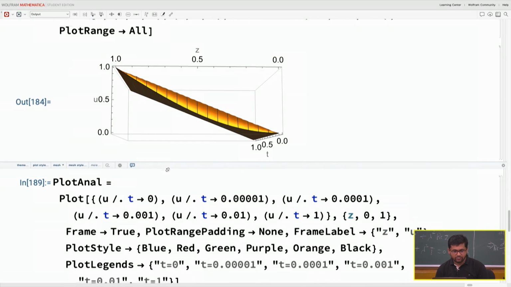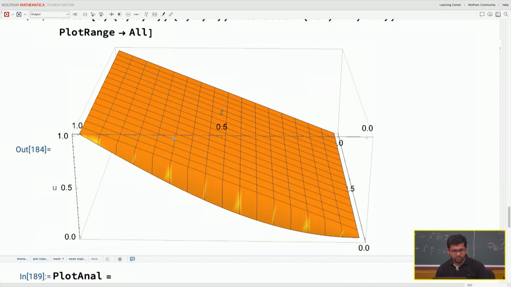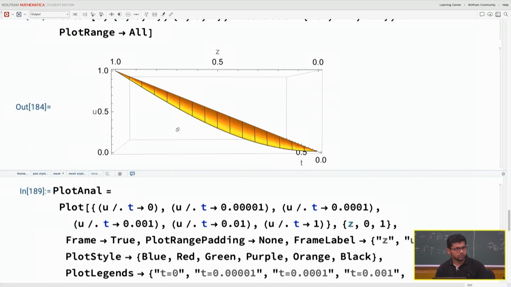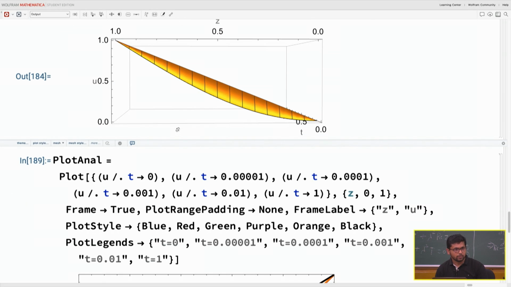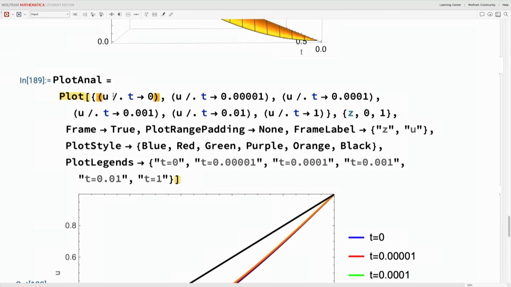Whereas, if I fix any time, since u is a function of t and z both, suppose I want t equal to 10 power minus 5, 10 power minus 4, and I want to see how u varies in z. So that you can do here. This forward slash, dot, is the command for replace.